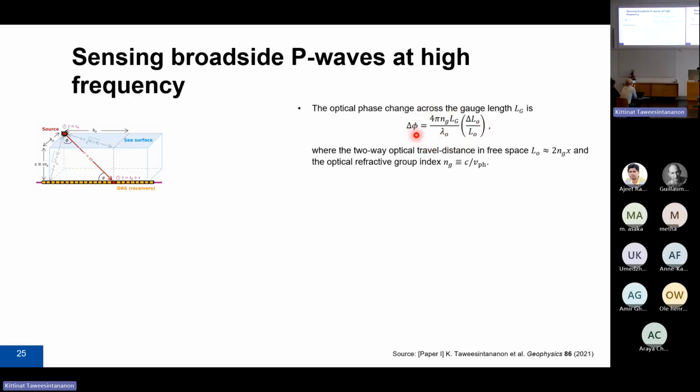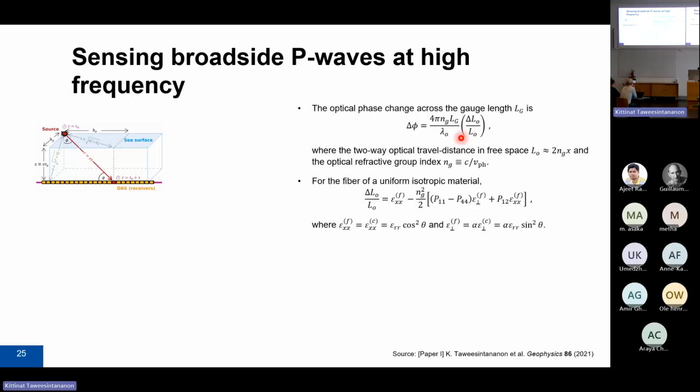The optical phase change can be computed in terms of some factor multiplied by the optical strain. And for a fiber of uniform isotropic material, this optical strain can be written in this complicated form.